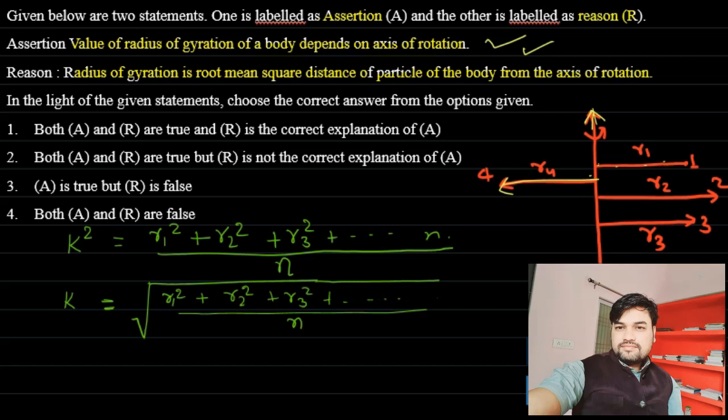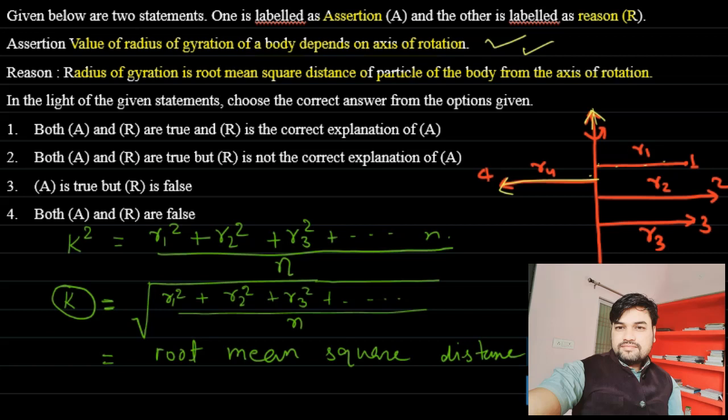You can see this is the square root of the mean of the square of the distance, so it is the root mean square distance. So radius of gyration is the root mean square distance of the particle from the axis of rotation.